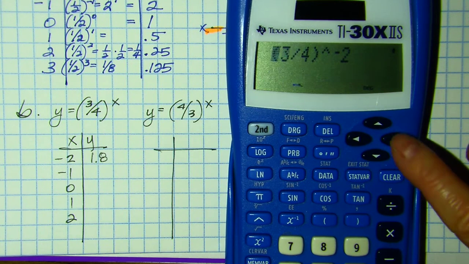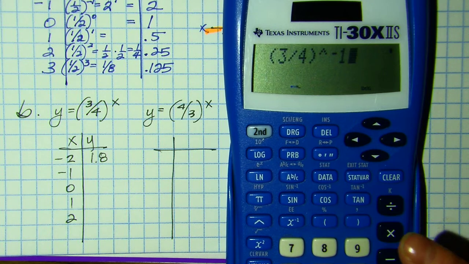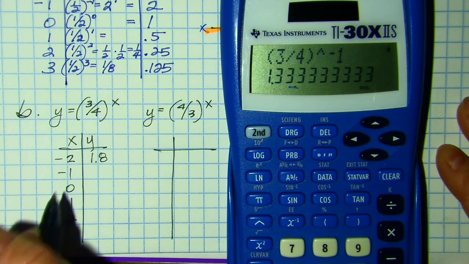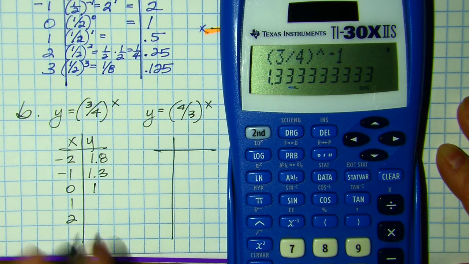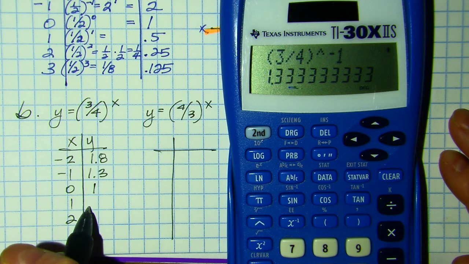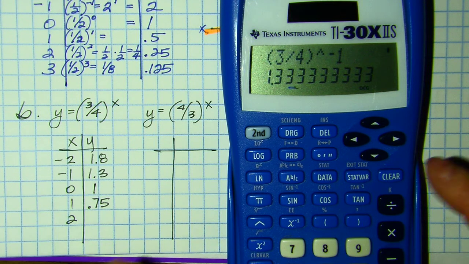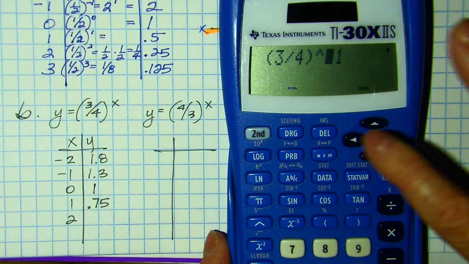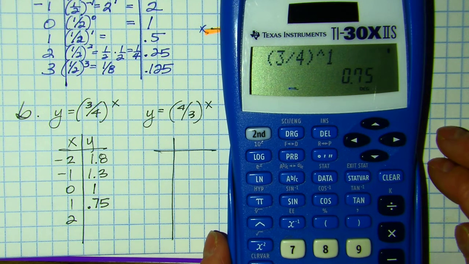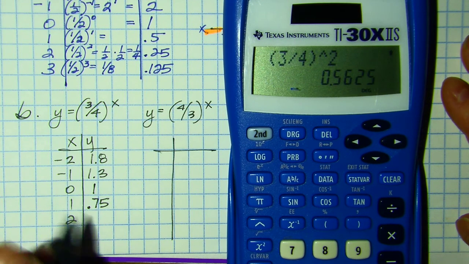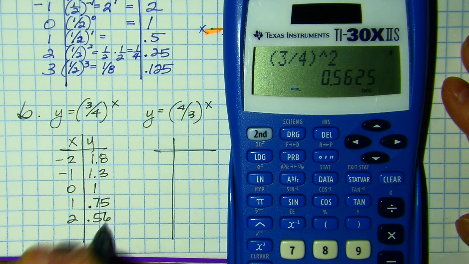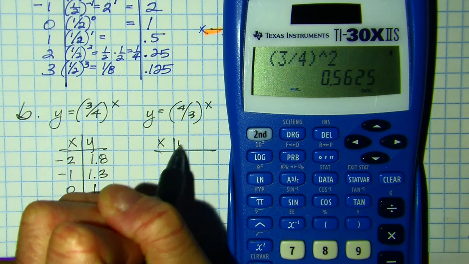And then if you have a nice calculator, you can just edit the entry: 1.33. If I go to the 0th power, I'm going to get 1. 3/4 to the first power is 3/4, so 0.75. If you don't believe me, you can go up here and change that to a positive 1. Look, I get 0.75. And then let's change that to a 2. So 0.56.